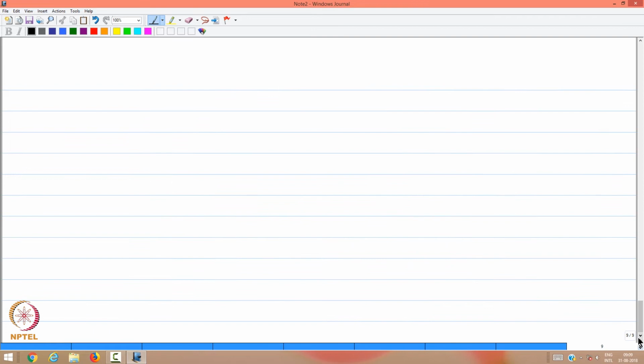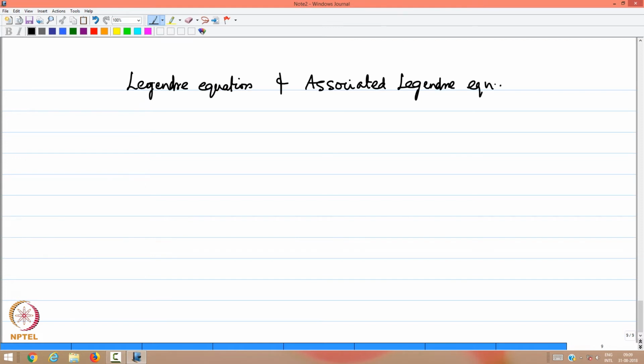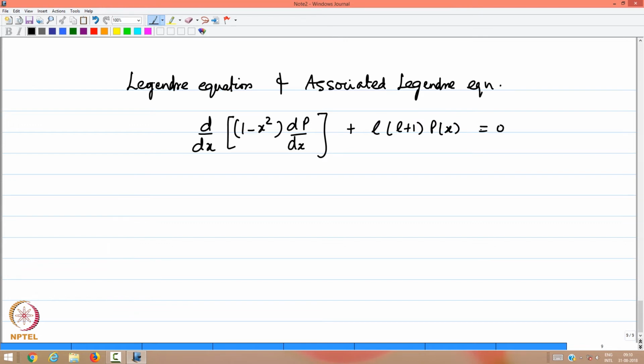And the last line now is the Legendre equation and the associated Legendre equation. The Legendre equation is d by dx of 1 minus x square dP by dx plus L into L plus 1 P of x is equal to 0, if we identify the term beta prime to be minus L into L plus 1.